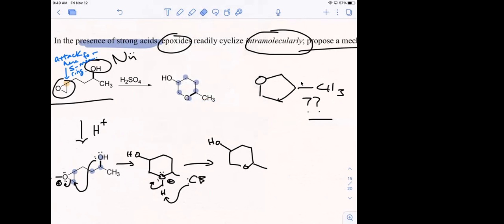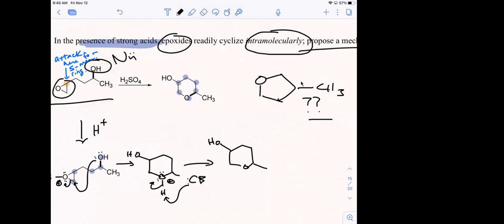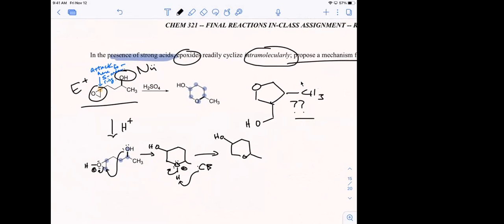It's actually going to look like this. It'll look like that. So yes, it does matter. And that's why I'm asking about the 5-membered ring, because you're actually going to get both of those products.